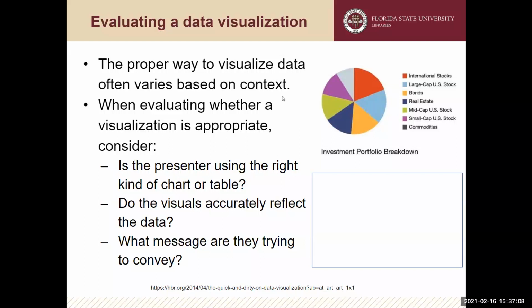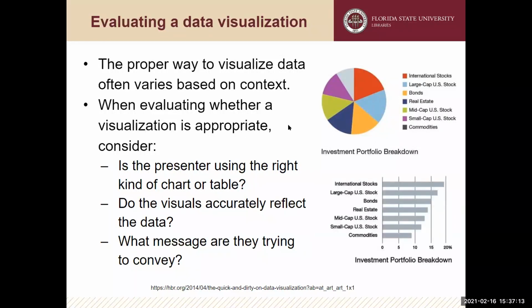If we take that same data and represent it with this bar chart shown at the bottom, right, now we can see how much is invested in each category, right?